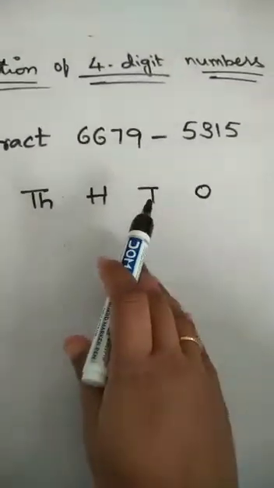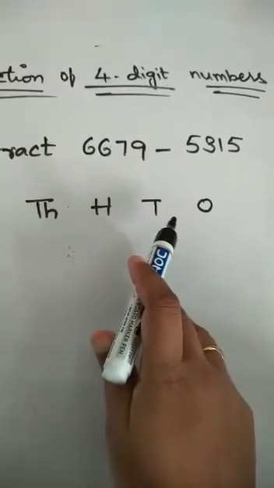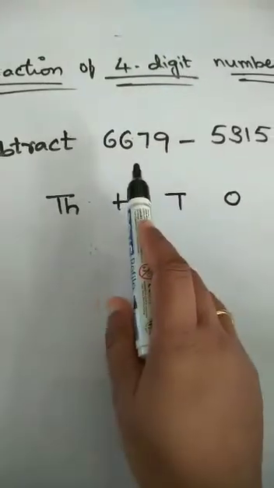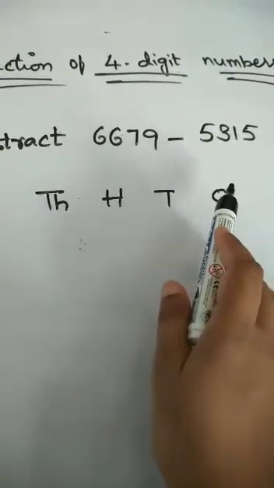Again we have to be careful about which number to write on top and which on the bottom. 6679 minus 5315.